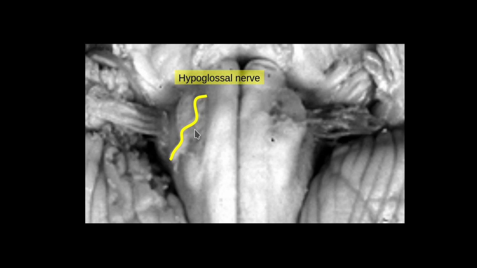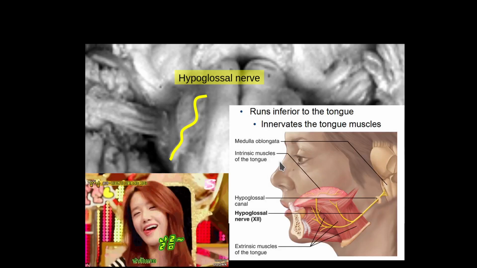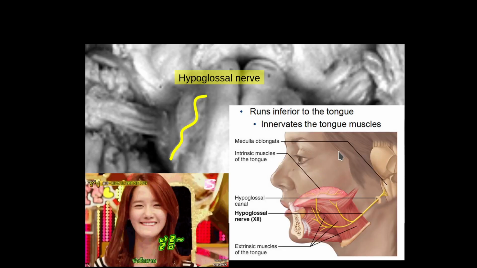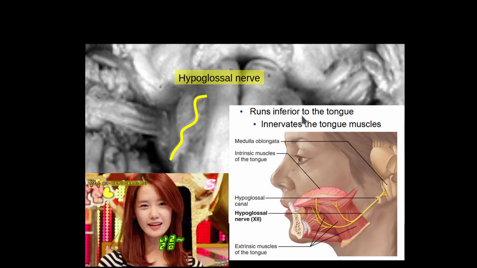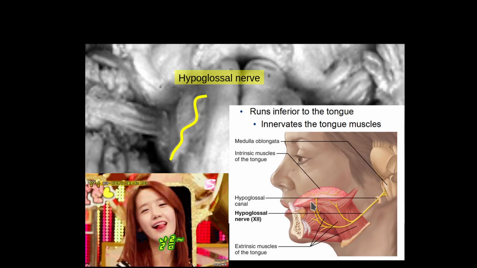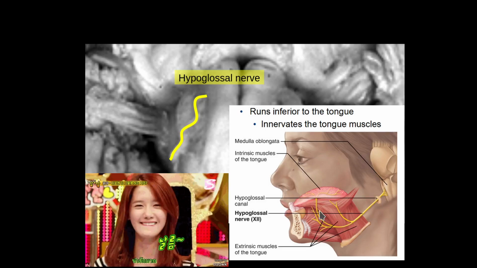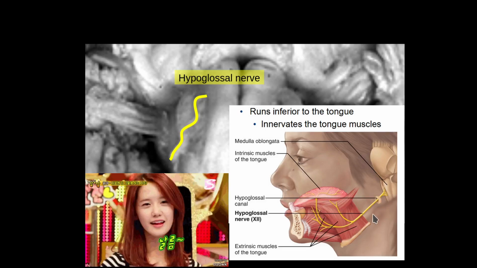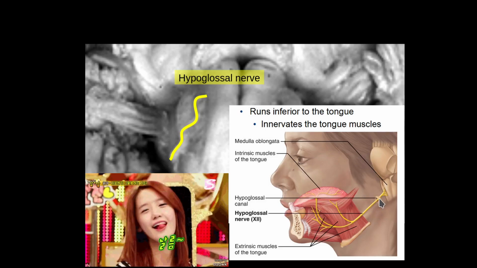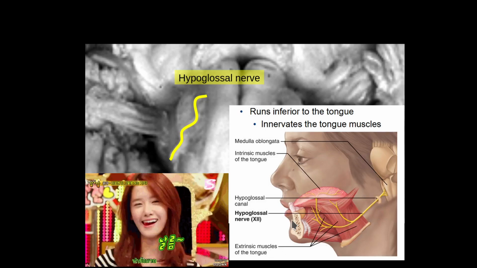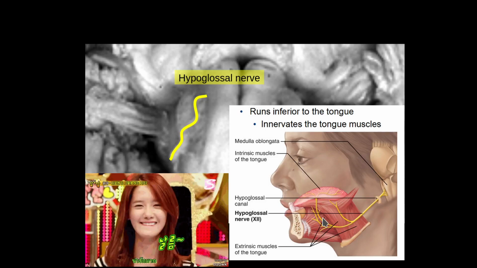The movement of your tongue most of the time is voluntary. Literally beneath the tongue over here, as you should have learned or you may have forgotten from head and neck. It has its own canal within the skull, exits and innervates the extrinsic muscles of the tongue.